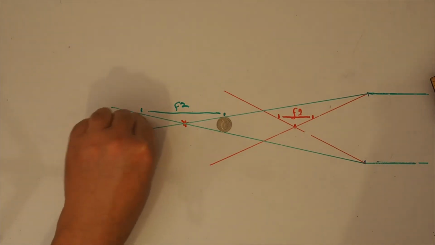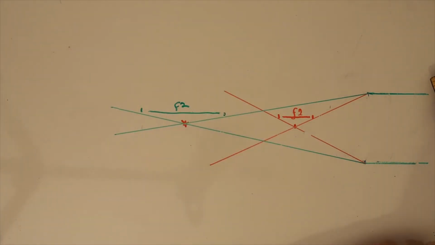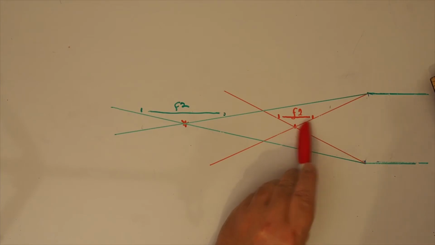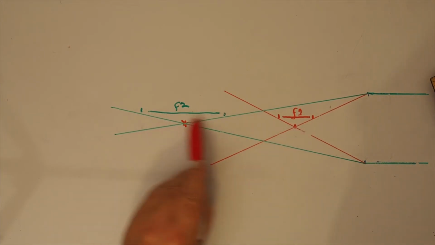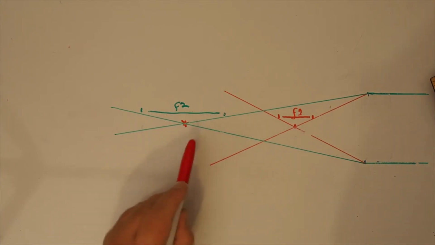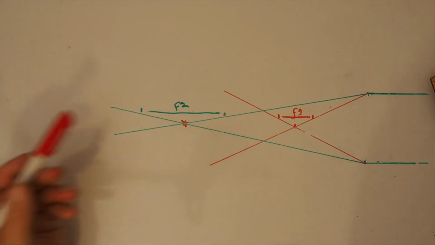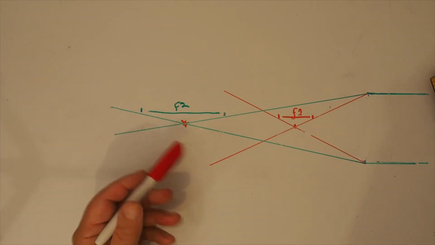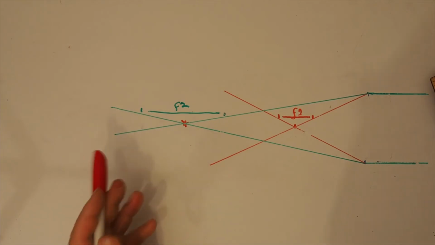You can see from this diagram, although I haven't changed my aperture, my depth of field has increased simply by focusing on something further away. And that's really how it works.